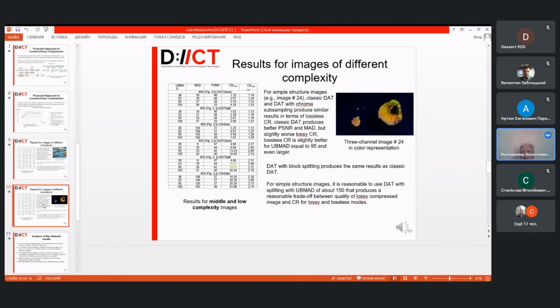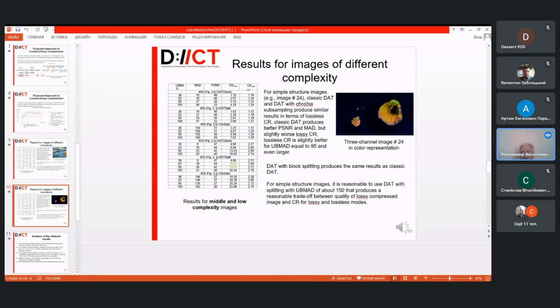The next part of our study deals with simple structure images, like this image. We say that this image is of simple structure because it contains a large portion of pixels belonging to homogeneous regions.